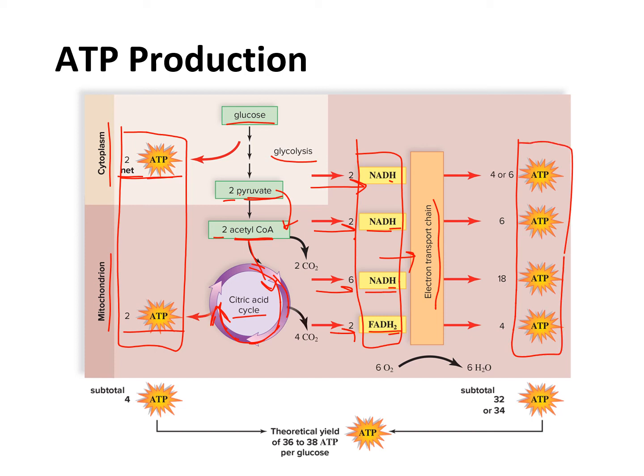So these ATP are produced by chemiosmosis, whereas these ATP are produced by substrate-level phosphorylation. If you add up all of the potential ATP that could be produced, ideally, the ideal amount of ATP is 38 ATP that could be produced per 1 glucose molecule.